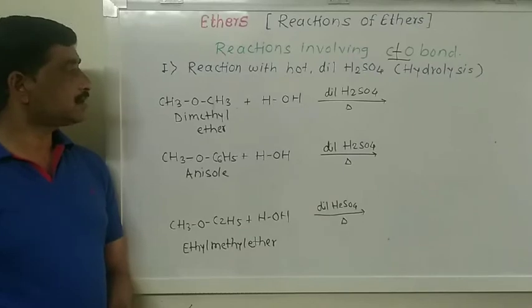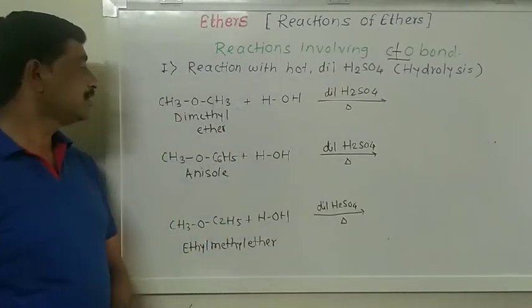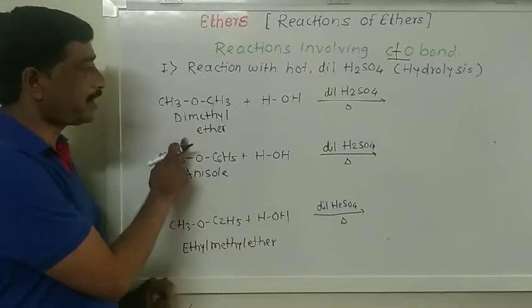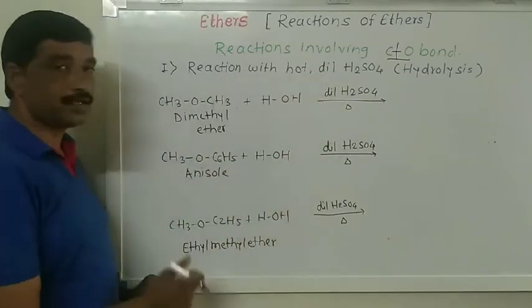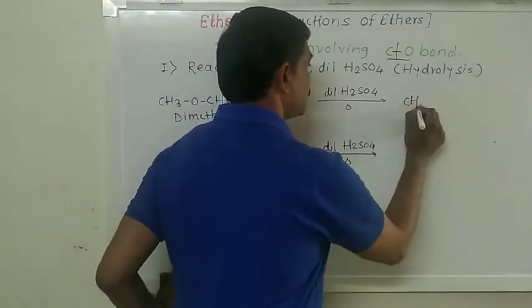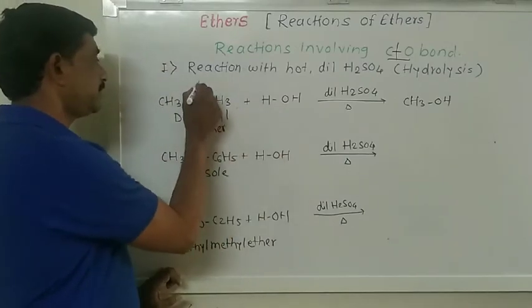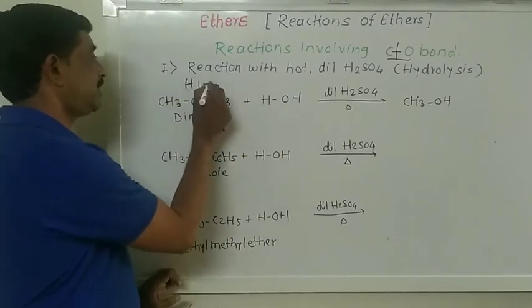For reactions with dilute sulfuric acid, we consider some examples. Here, dimethyl ether, when reacted with hot and dilute sulfuric acid, undergoes hydrolysis and gives CH3OH by adding an H2O molecule like this.